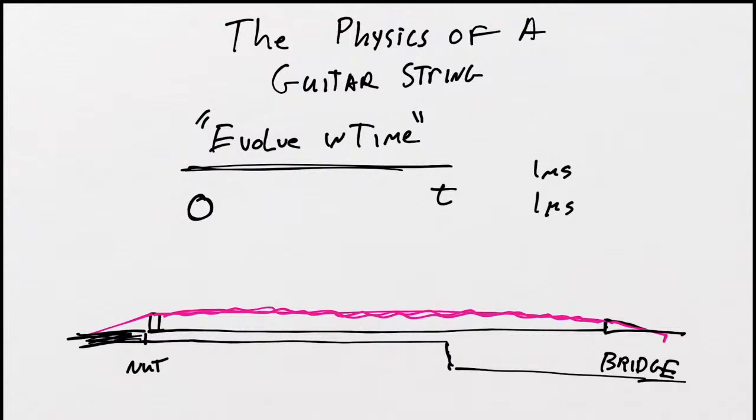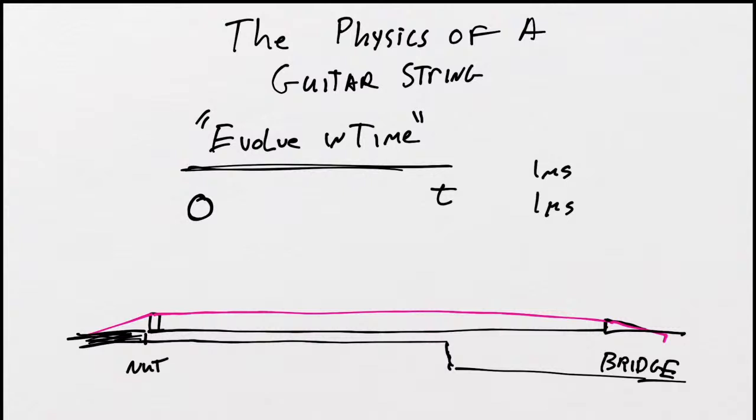As far as you know, the string could be shaped like this, or it could be shaped like this. You have no way of knowing because its vibrations are so fast. However, it does at every instant have a very precise shape, and the goal is to calculate that shape at every time.